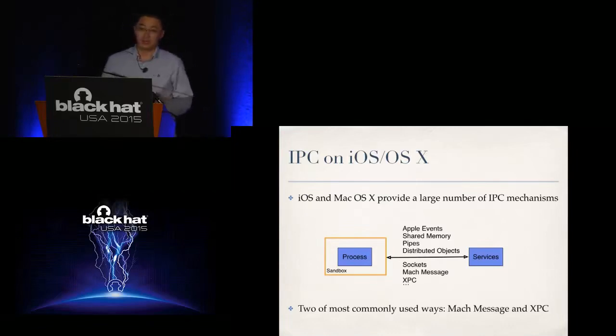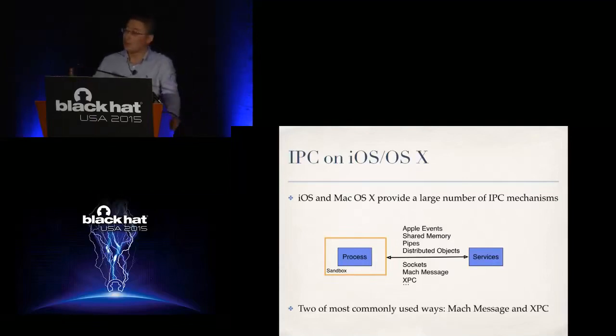If you look at the applications running on iOS, very likely they are confined by the sandbox. That means these applications have very limited access to the whole system. So to complete a lot of fancy jobs, they have to communicate with a lot of system services so that they can finish the job and do a lot of useful stuff.